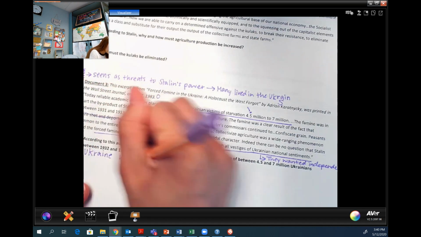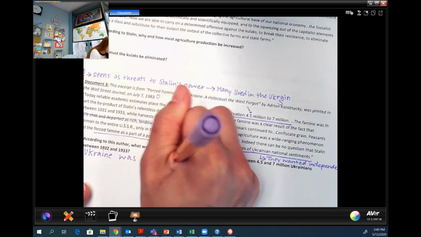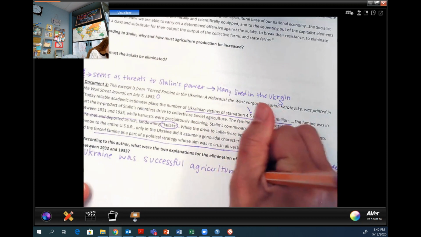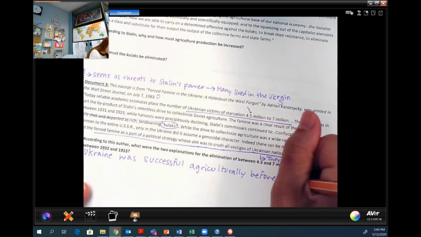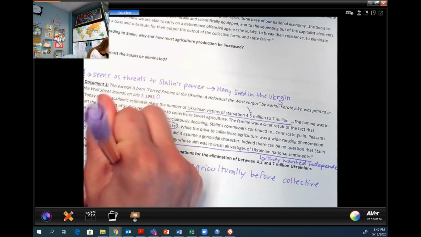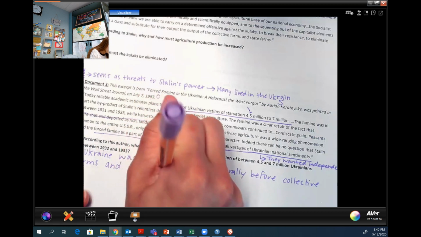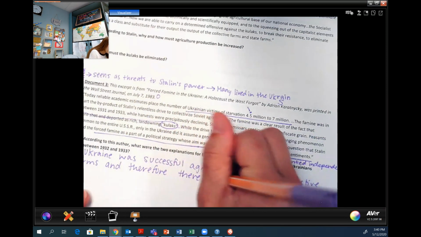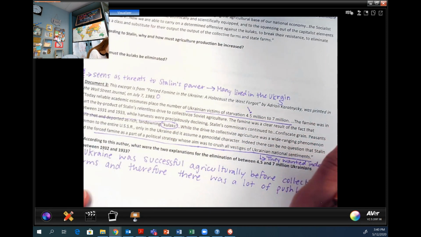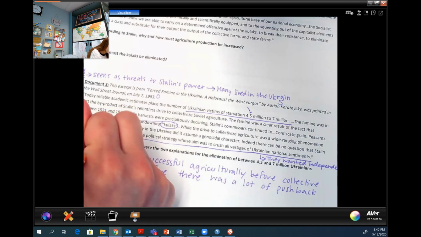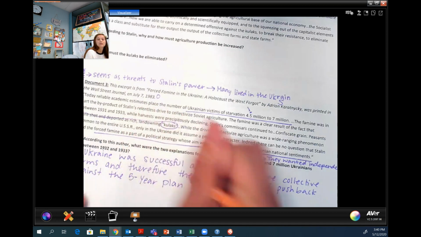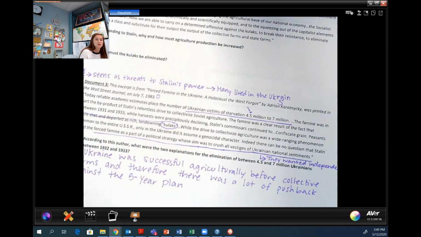Ukraine was successful agriculturally before collective farms, and therefore there was a lot of pushback against the 5-year plan, right? Because collectivizing the farms is a part of the 5-year plan.